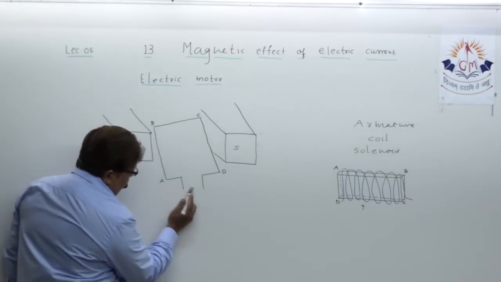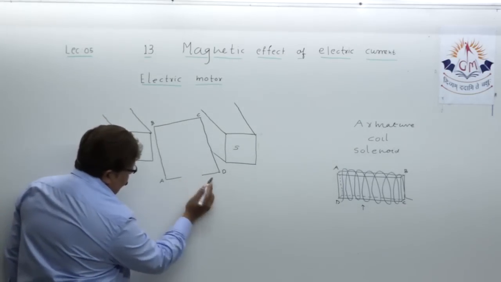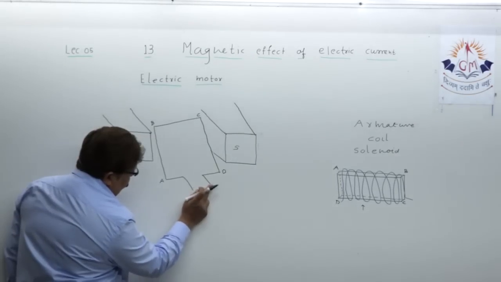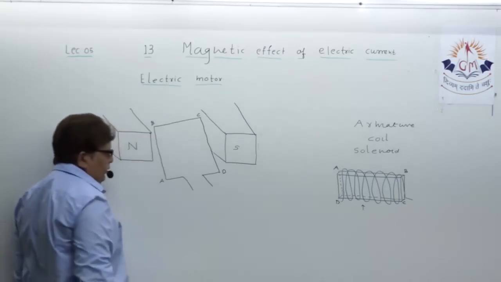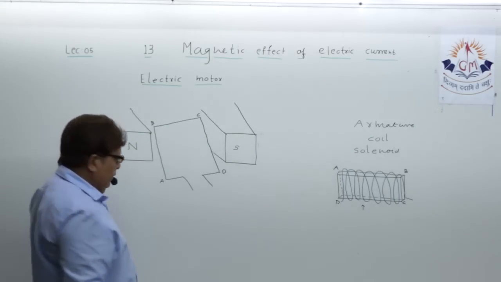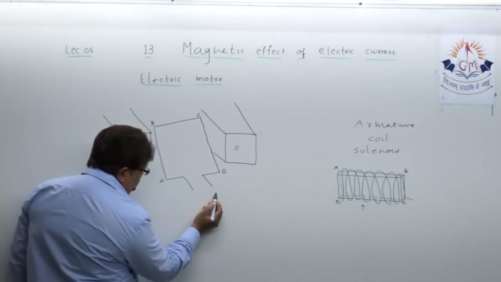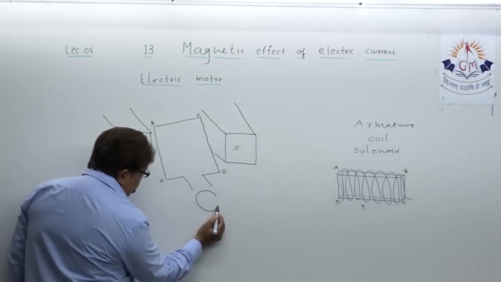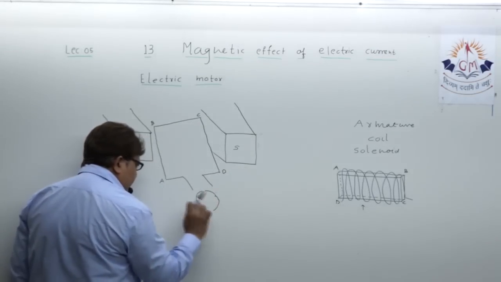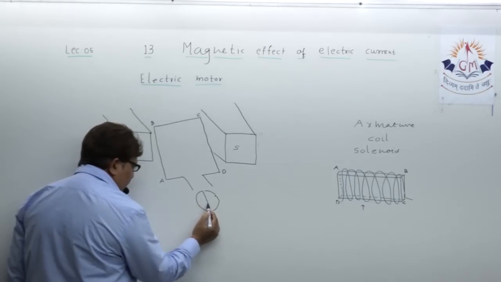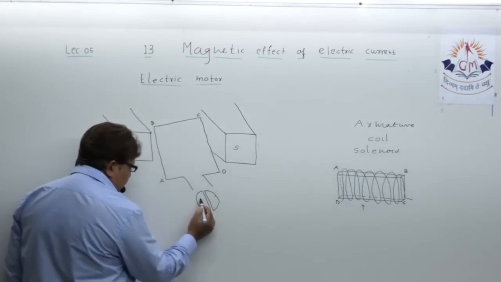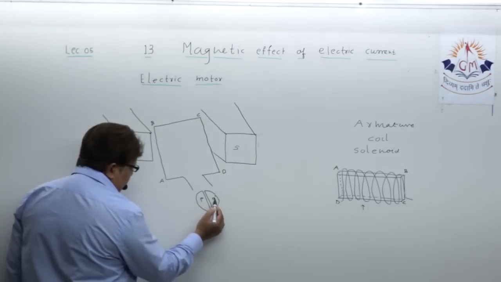Now, dear students, what you need to understand is that this coil of wire is actually attached to a slip ring, which is a split slip ring. Let me show you a slip ring this way. This is the split ring from here. This is also sometimes called a commutator arrangement, P and Q, slip ring.